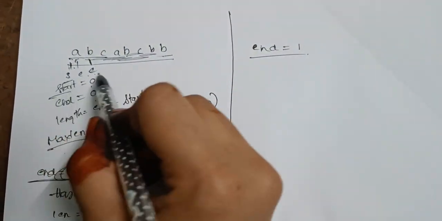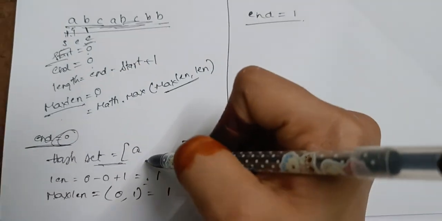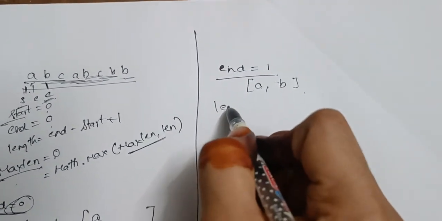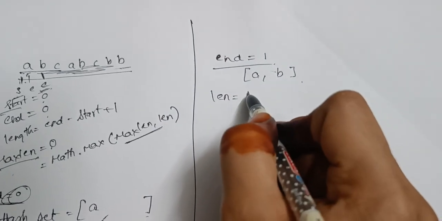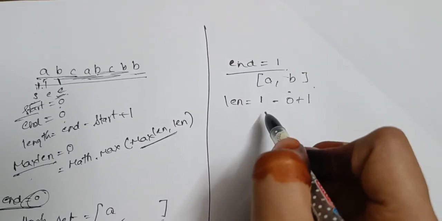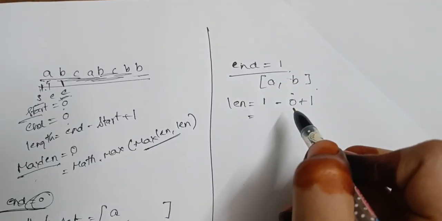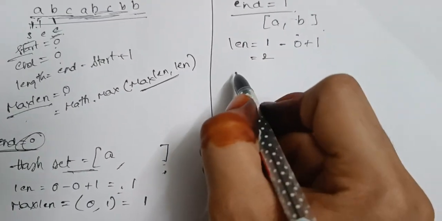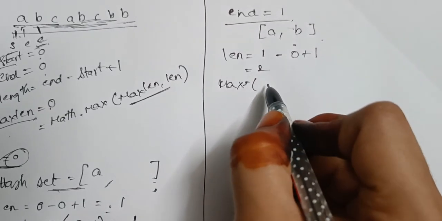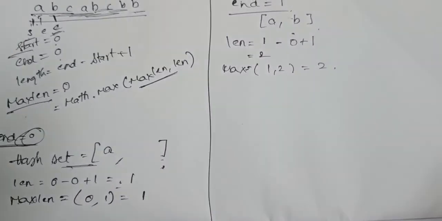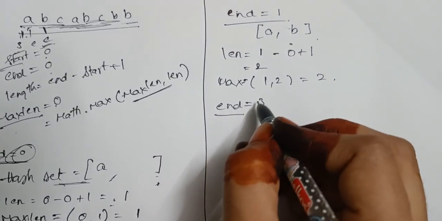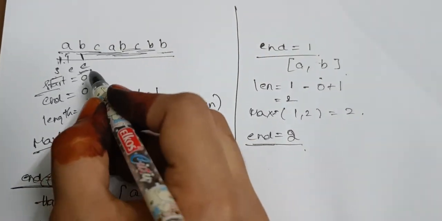B is also not present in my hash set, so I'm adding it to my hash set: A, B. My length again changes: end is 1 and start is 0, plus 1, which is 2. And my max length becomes the maximum of 1 and 2, which is again 2. Next my end is incremented to 2, so it goes to C.